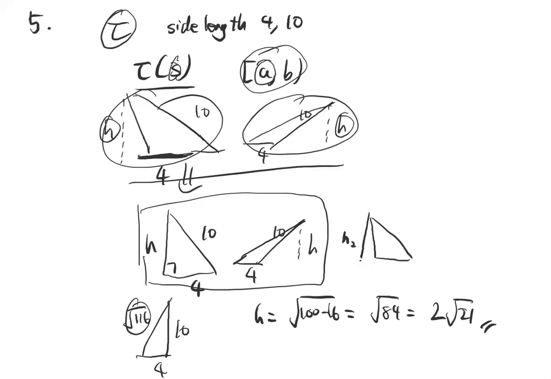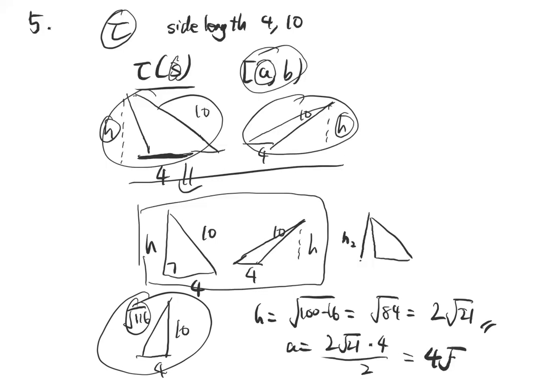This is why the area of this triangle is the value of b, because this is not an obtuse triangle, so that's why it's exclusive. The area of a is 2 root 21 times 4 divided by 2, so 4 root 21. The area of this triangle is 20.